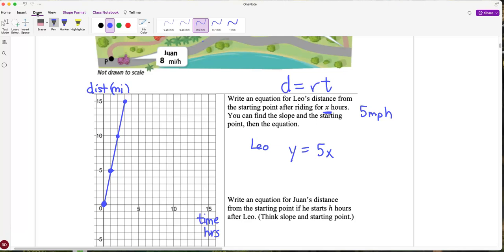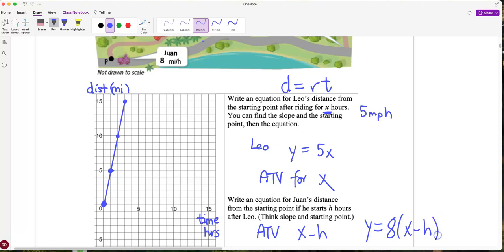If Leo is on the ATV for x hours, and Juan starts h hours later, what is his time? His time in the ATV is going to be x minus h. And we know he's going at a rate of 8 miles an hour. So the equation for him is going to be y equals 8 times (x minus h).